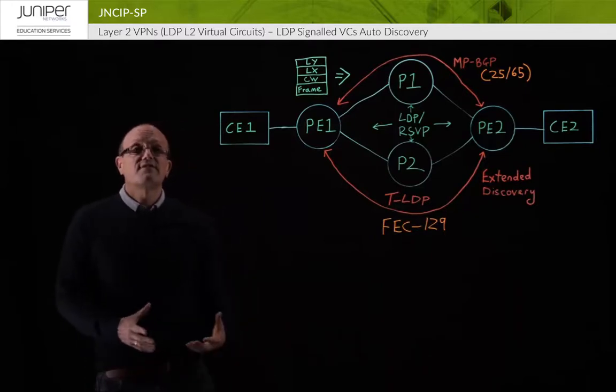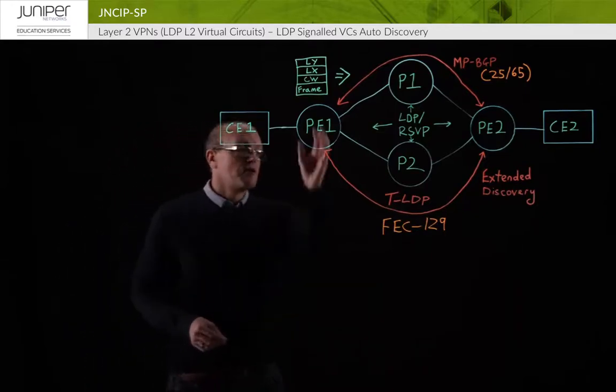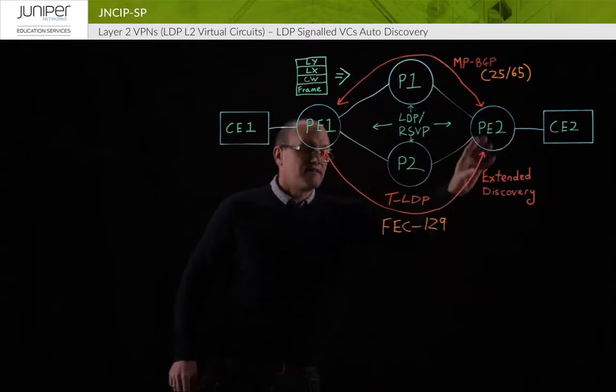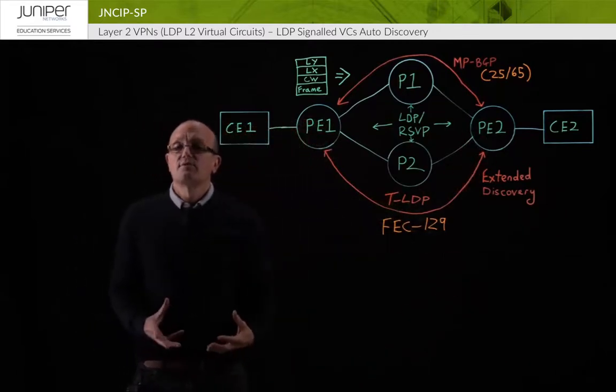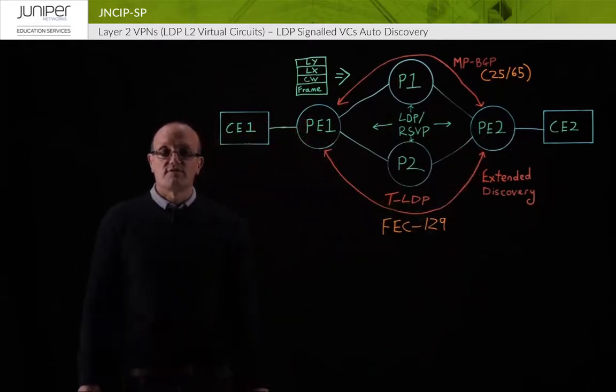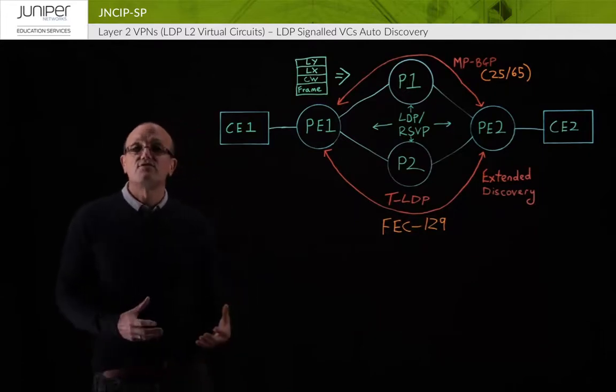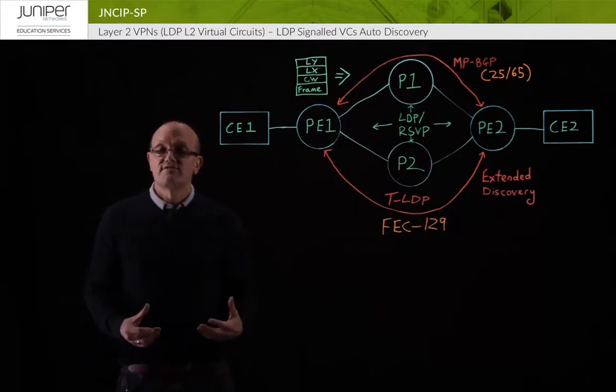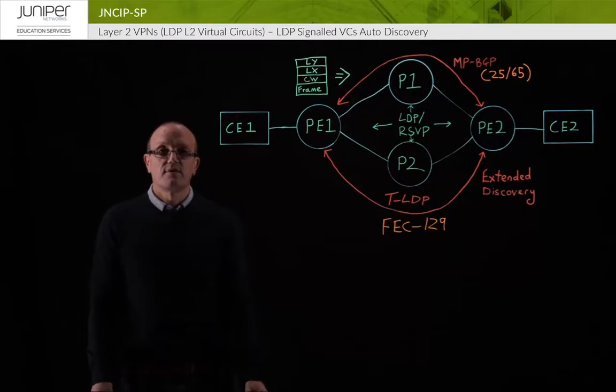And then we can advertise the virtual circuit signaling over the top of those targeted LDP sessions as we would normally without the use of auto-discovery. It's just that it reduces the amount of initial configuration required to do that.